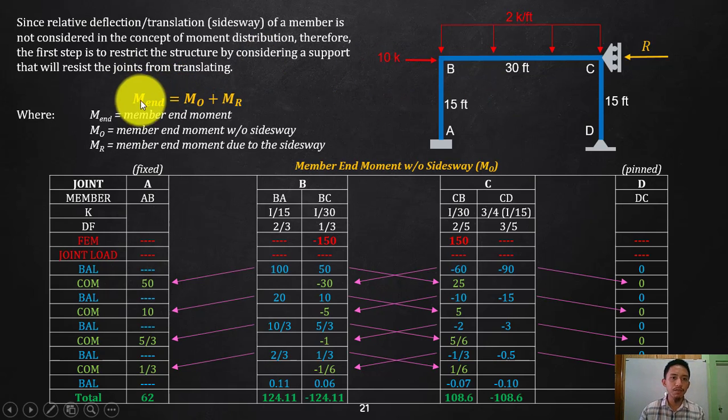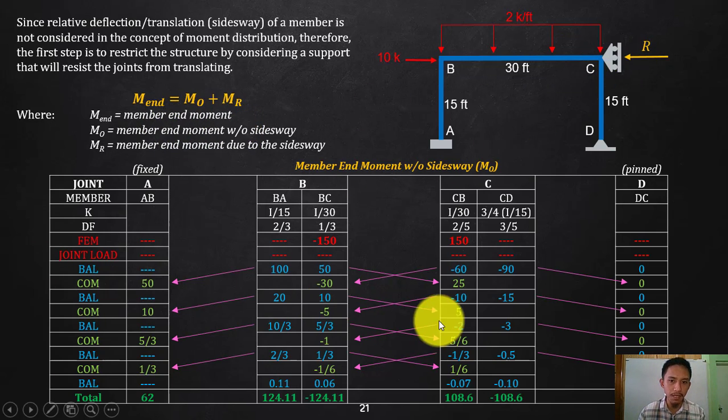So let's say M is the end moments of any member. Okay, so let's say that is your M sub end, that will identify that is the end moment. Then that is equal to M sub O, in which M sub O is just the end moments, okay, to be calculated considering or restricting your Sidesway.